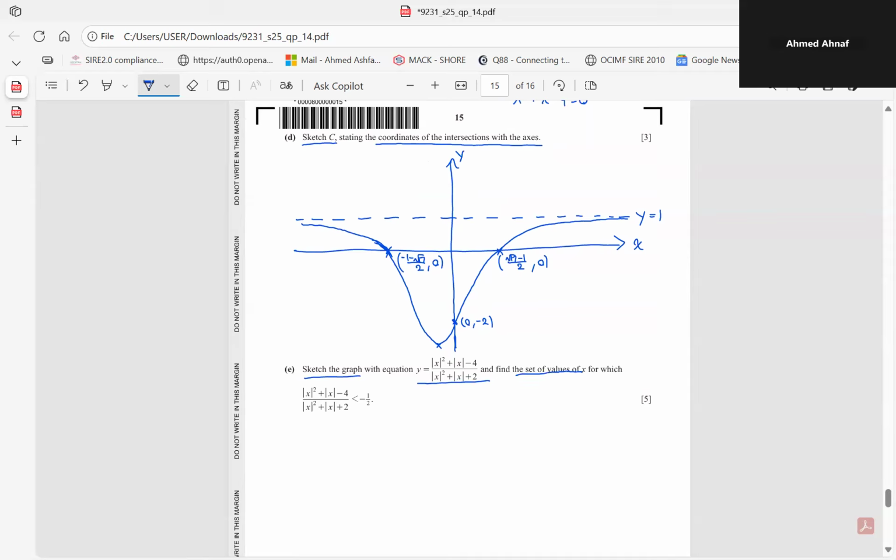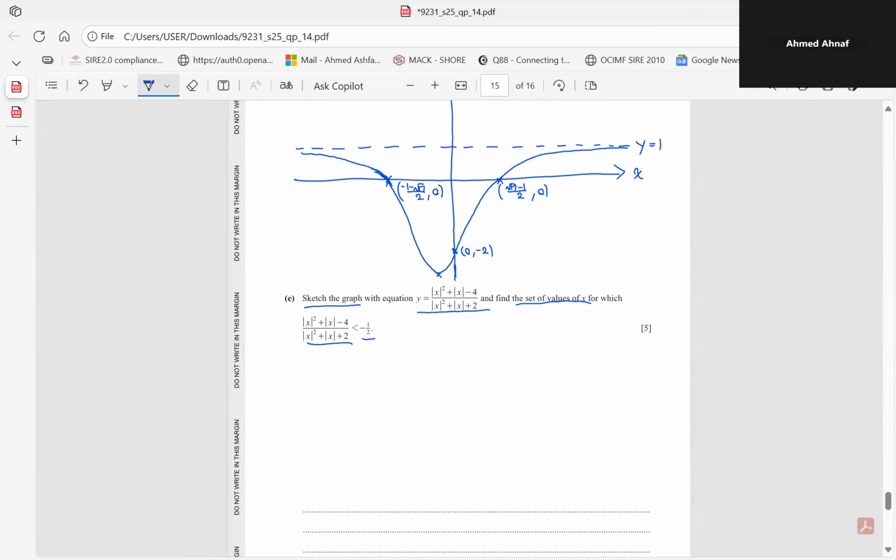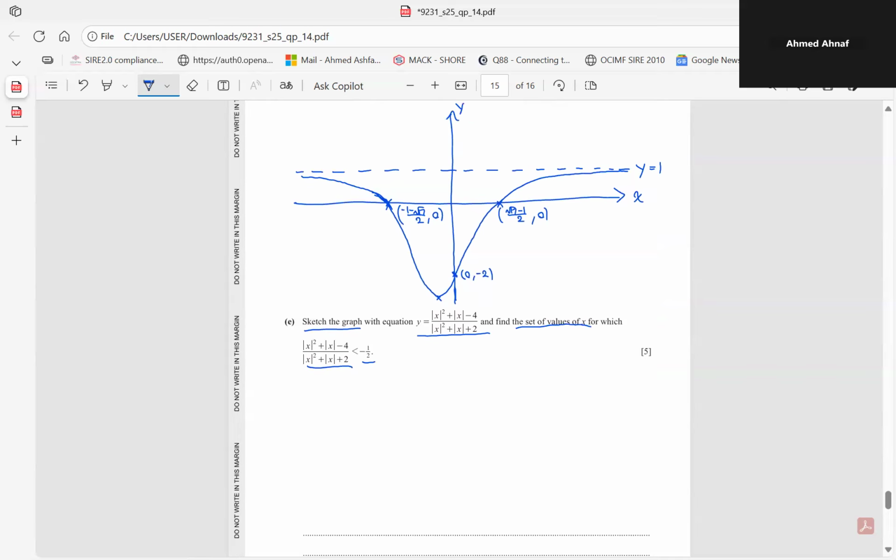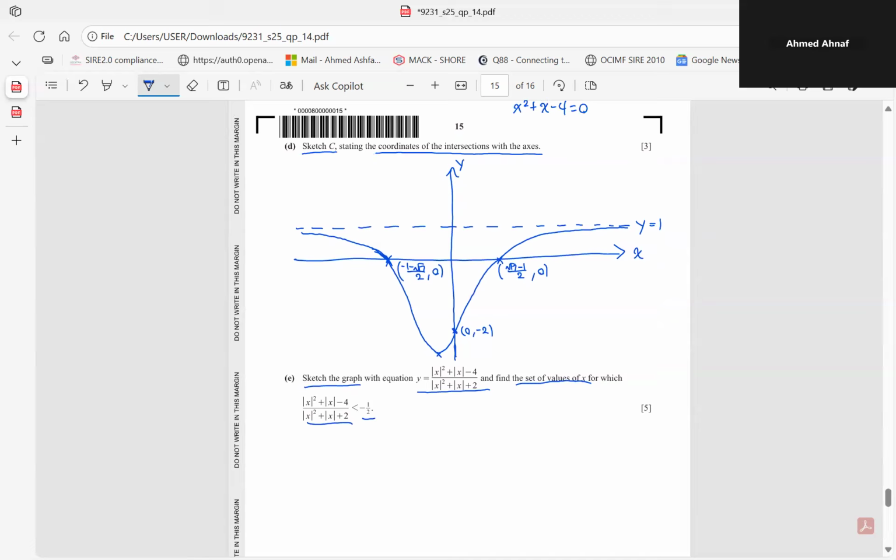And we have to find the set of values of x for which this equals minus half. To sketch this equation, we just take the positive part of the curve, the part which is towards the right-hand side of the y-axis, and you reflect that part of the curve over to the other side.